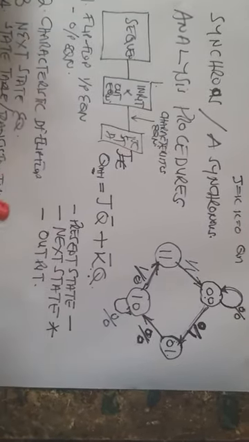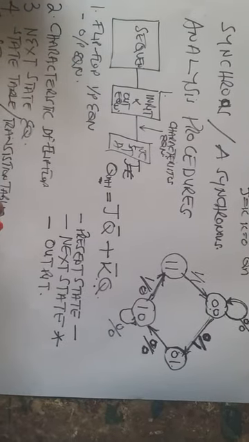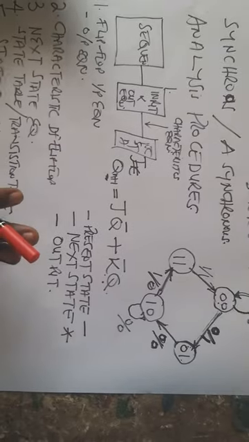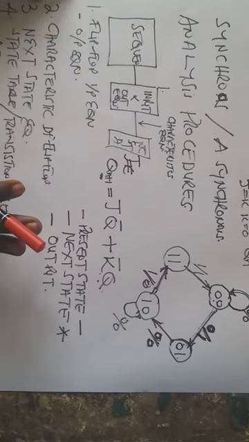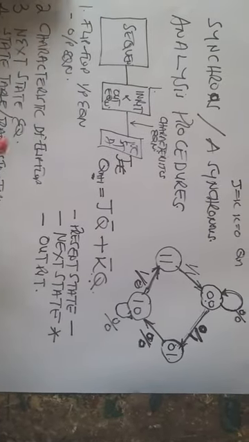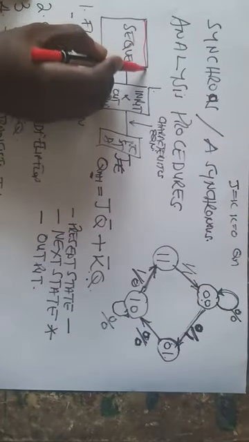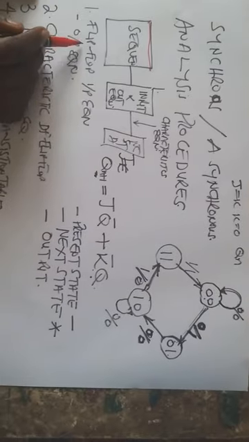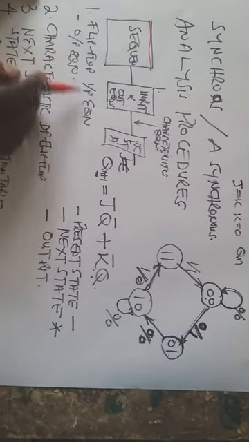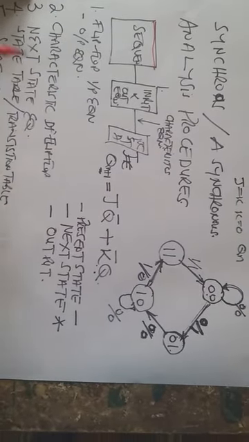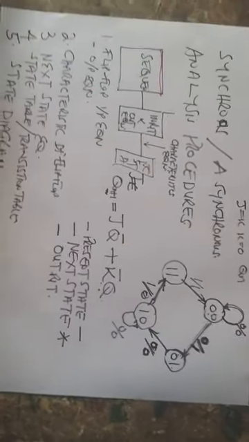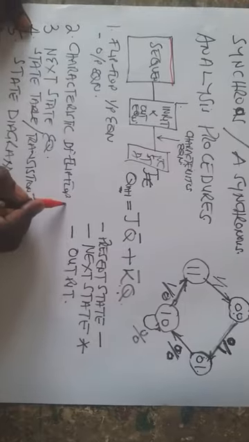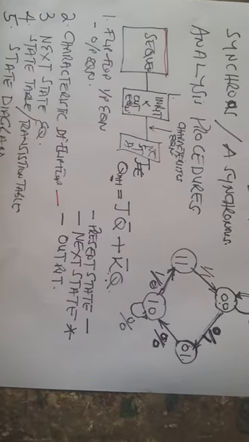So these are the procedures that we go through when we want to analyze the behavior of a sequential circuit. When you have the sequential circuit, the first thing you do is to write the flip-flop input and output equations. Identify the particular flip-flops in the sequential circuit, and then you come out with their characteristic equations.